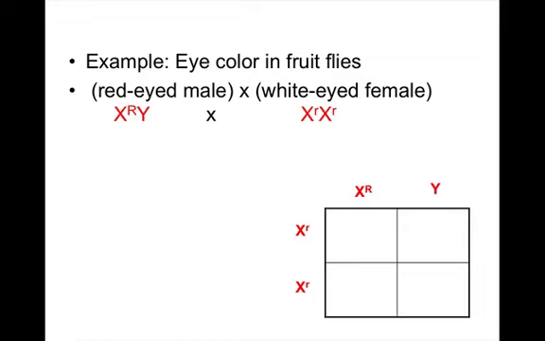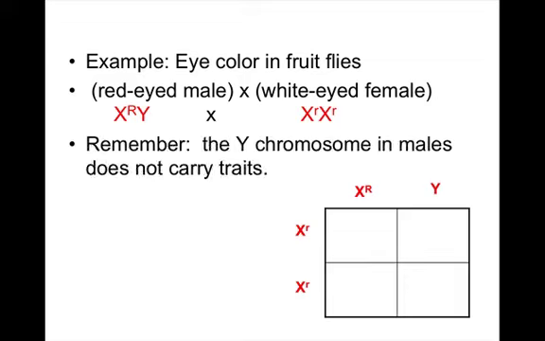So we're crossing a red-eyed male with a white-eyed female. And remember, the Y chromosome in males does not carry the traits. So you will notice over here that the Y does not have any trait attached to it.